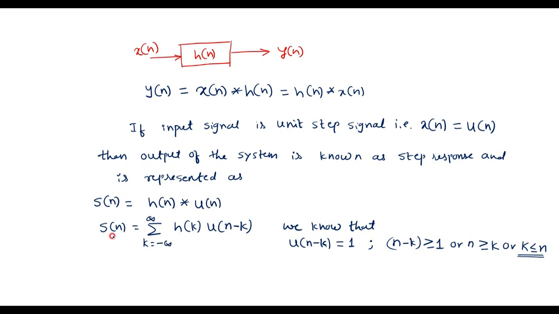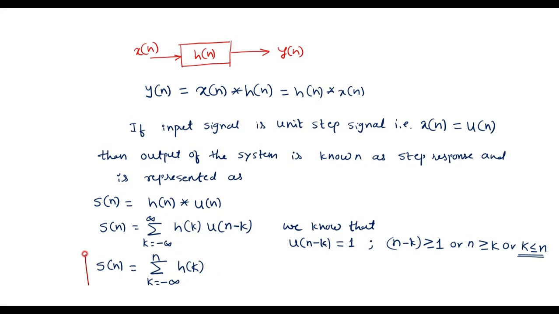So considering this, I can represent s of n as s of n is equal to the summation k varies from minus infinity to n, that is, the k value is supposed to be less than or equal to n, of h of k.